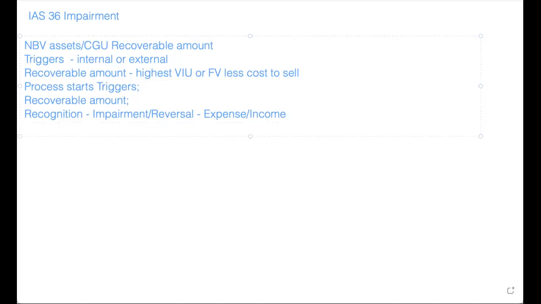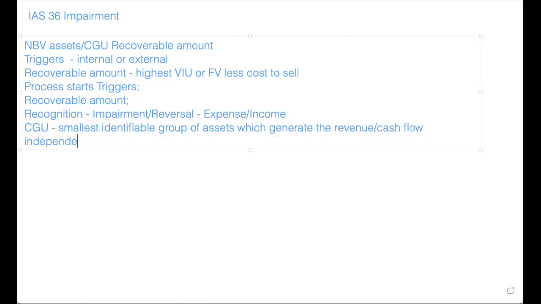What can we say further? We can talk about the CGUs. Those are the smallest identifiable group of assets which generate revenue and cash flow independently. So let's give an example.